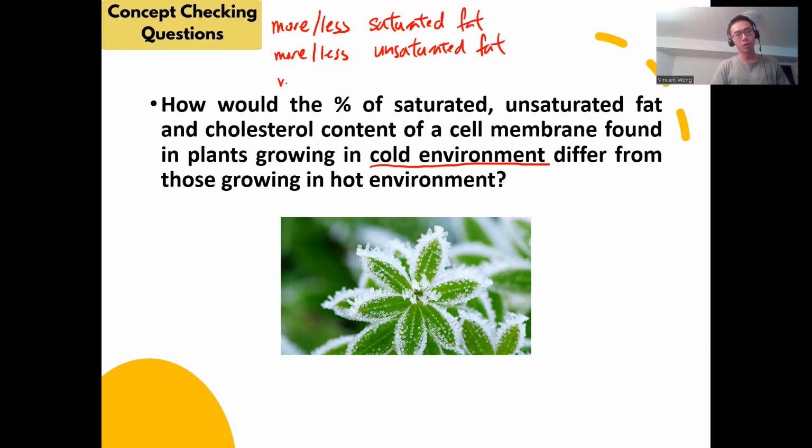Do you think there is more or less cholesterol? Some of you are saying more, some of you are saying less. I have no idea which one you are referring to. I'm going to give you a minute to think about that, and then I will tell you the answer. Remember, I'm looking for 3 things here. For a plant growing in a cold environment, how will these things change?